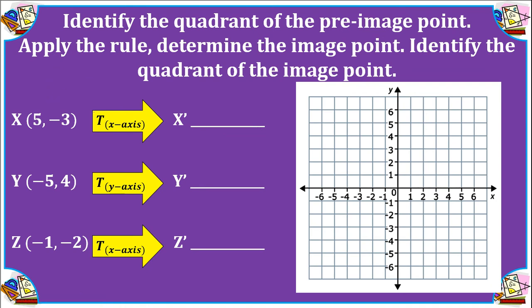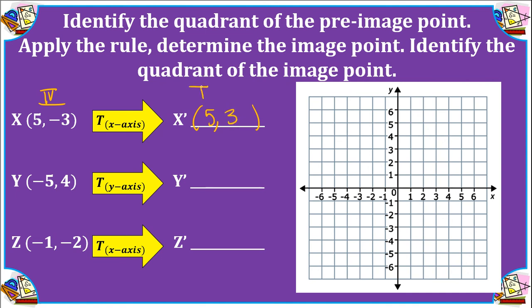Okay, so now let's not use a graph. You can use it if you need it. So 5, negative 3 is in quadrant 4. So that's down here. We are reflecting across the x-axis, so the x remains the same and the y changes to its opposite.